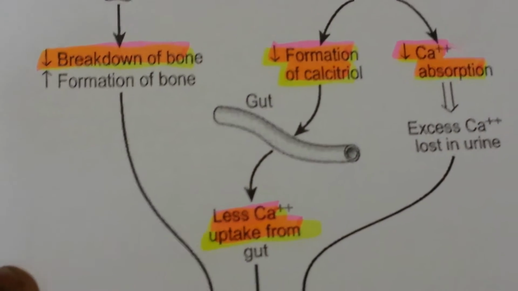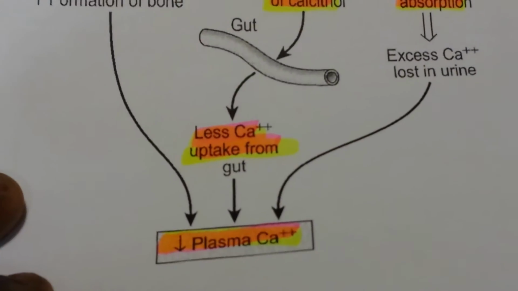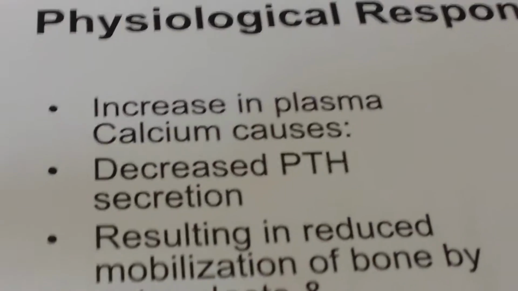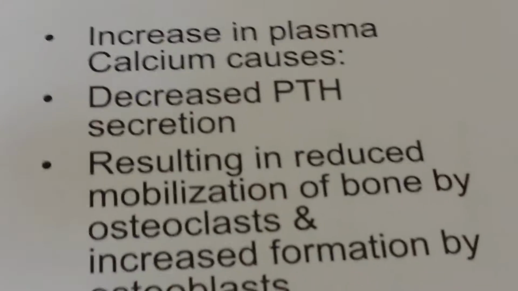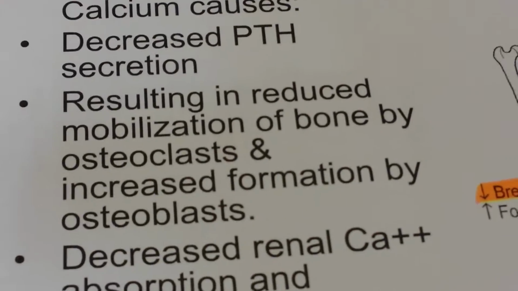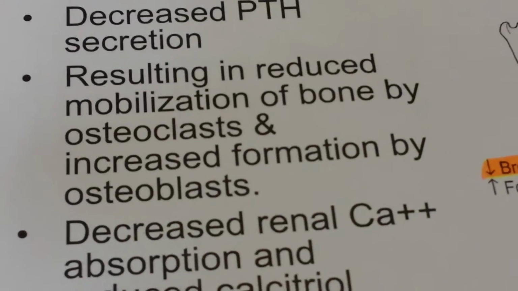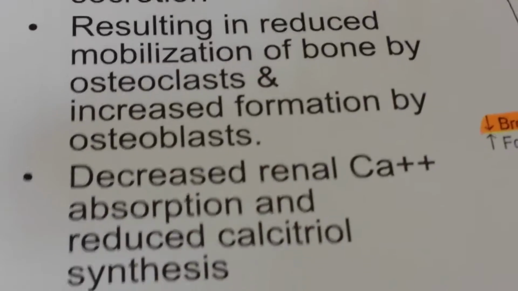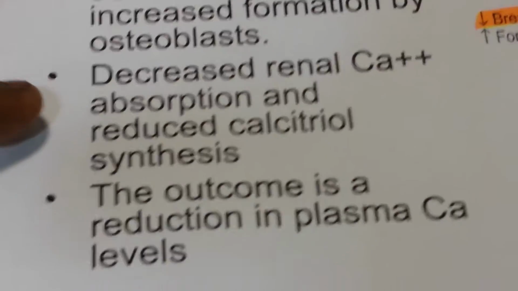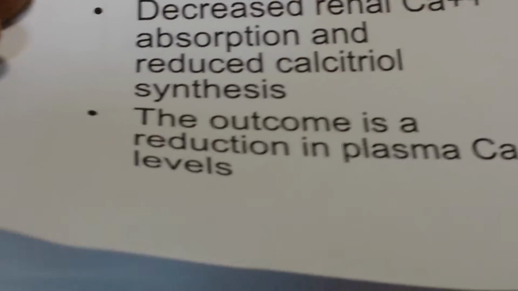Less Ca2+ uptake from the gut all causes a decrease in plasma calcium. Increase in plasma calcium causes decreased PTH secretion, resulting in reduced mobilization of bone by osteoclasts and increased formation by osteoblasts, decreased renal calcium absorption and reduced calcitriol synthesis. The outcome is a reduction in plasma calcium levels.